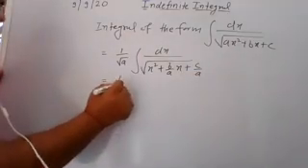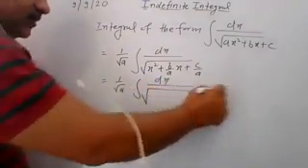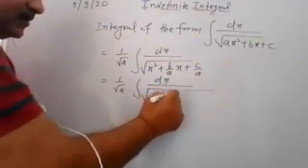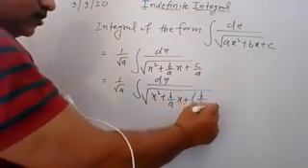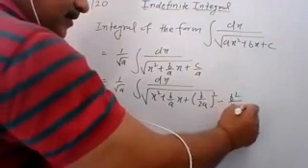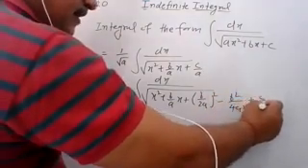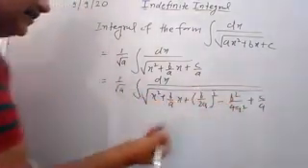Now you make it a perfect square. So dx upon under root x square plus b by a into x plus b by 2a whole square minus b square by 4a square and plus c by a. Okay, so I think that is clear.